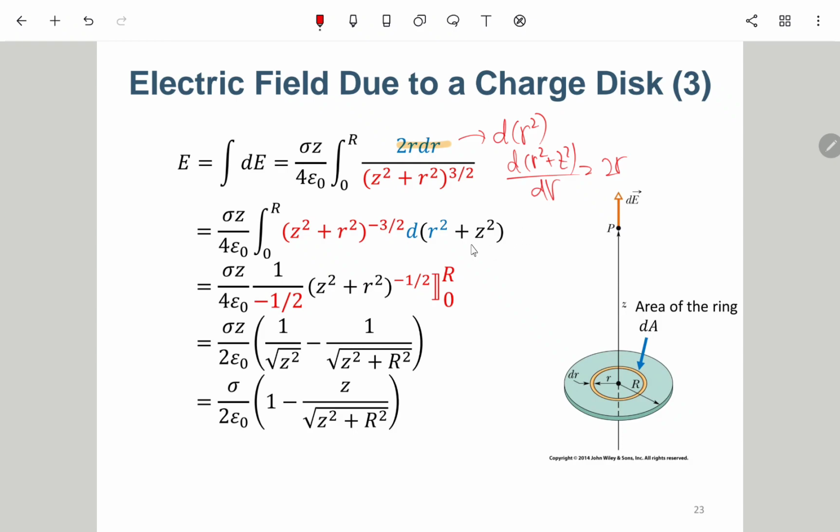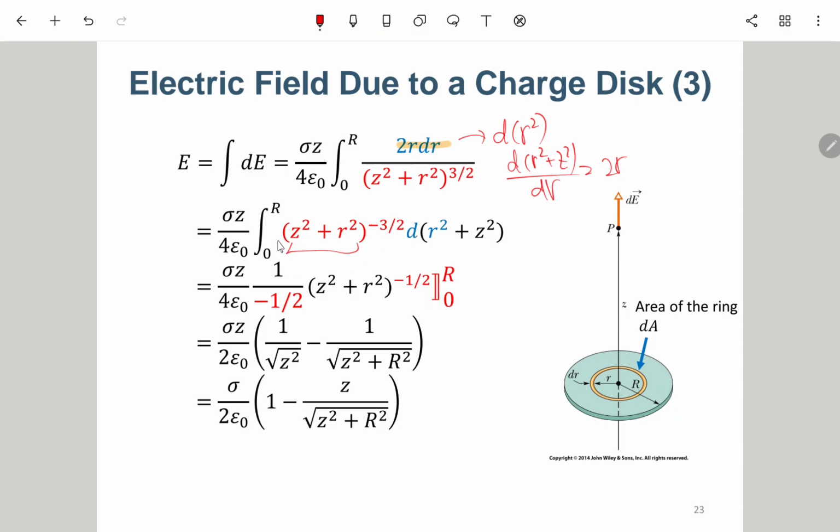The reason why we add it here is that we have a z squared plus r squared here. So that is like a polynomial with a -3/2 power.